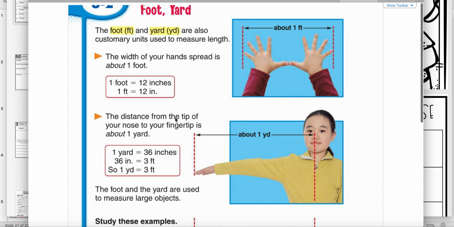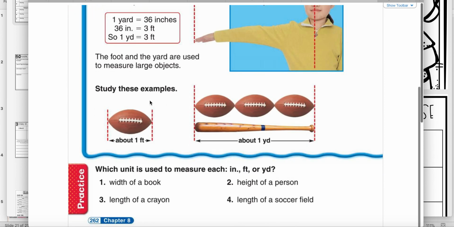If you're measuring the length of the carpet in your living room, you might use the yardstick. It makes it easier because you're using a larger unit of measurement. A football is about a foot, so 3 footballs would be about a yardstick, or the length of a bat.